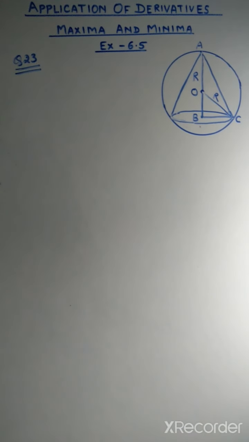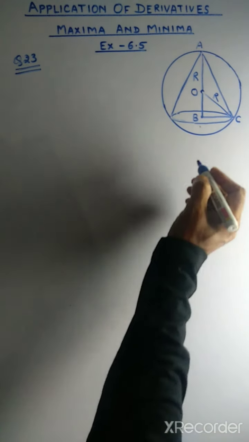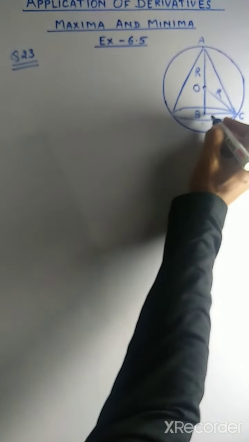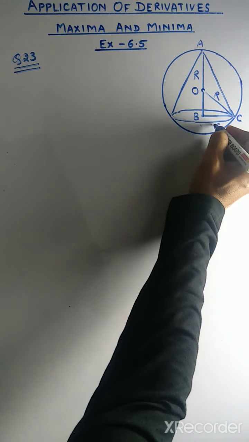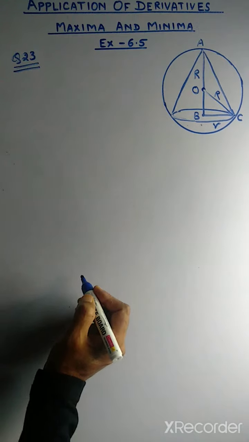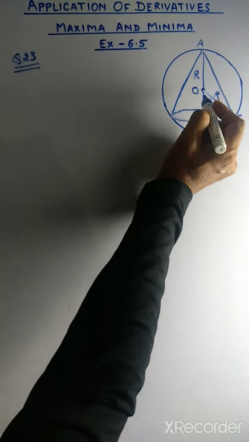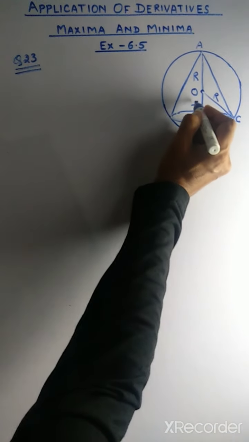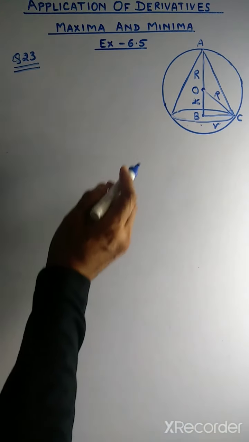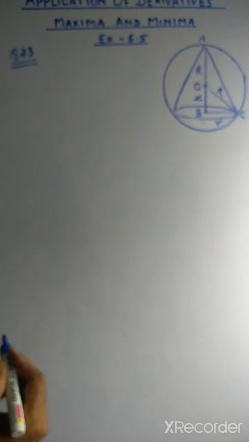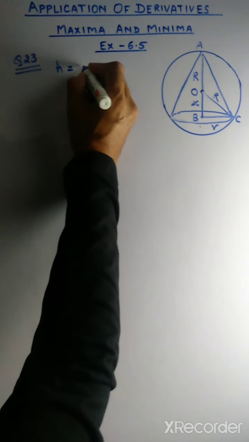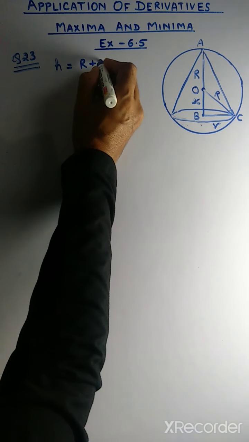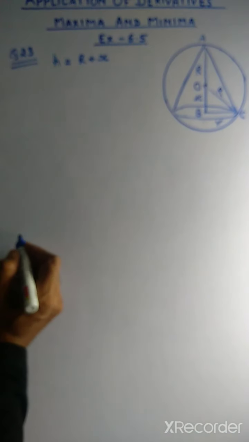So OA equals OC equals capital R. Suppose the radius of the cone is small r and OB is x. So the height of the cone will be R plus x. H equals R plus x.